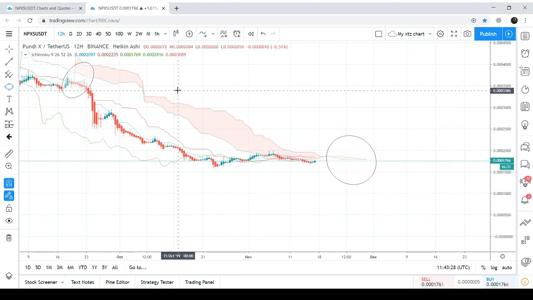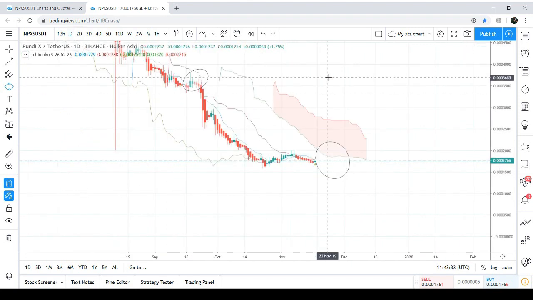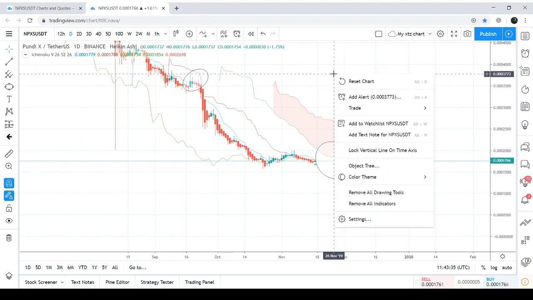So now let's move to the day chart. I'm just removing this cloud, and this is the day chart.